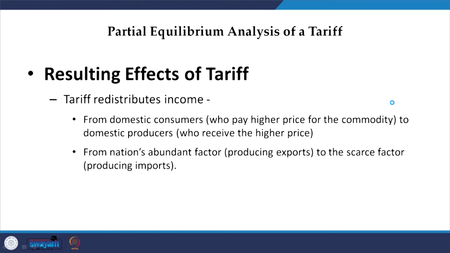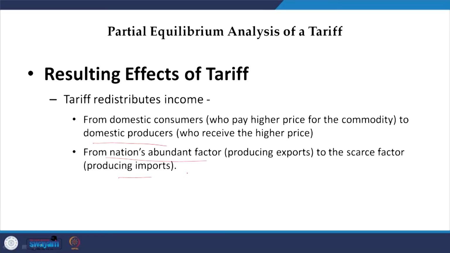So, as we discussed, income is redistributed from domestic consumers to domestic producers due to higher prices, and from the nation's abundant factors to the nation's scarce factor, as we discussed in earlier theories, because the abundant factors are usually exporting their products, and in return we usually import the products of the scarce factors.